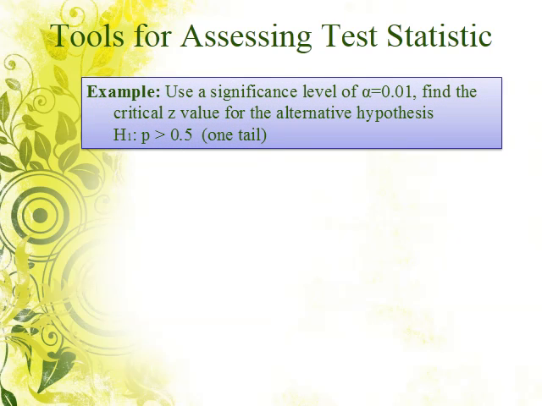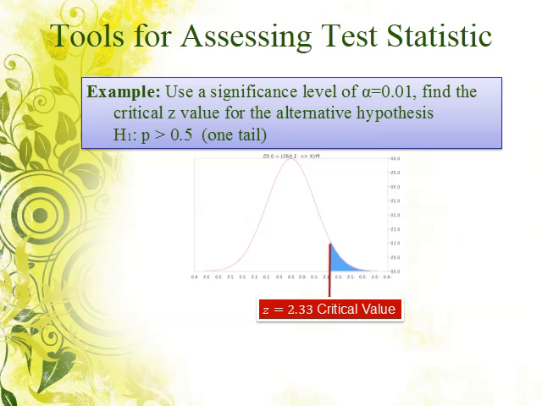So for example, let's use a significance level of 0.01 and find the critical z-value for the alternative hypothesis p greater than 0.5. So here we know it's one tail, and more specifically we know it's a right tail test because we're using the greater than symbol in our alternative hypothesis. So here our critical value is 2.33, and we get that from noting that our significance level is 0.01.